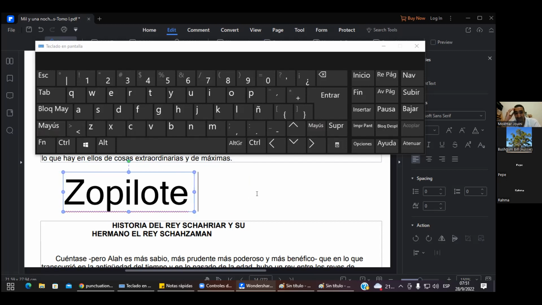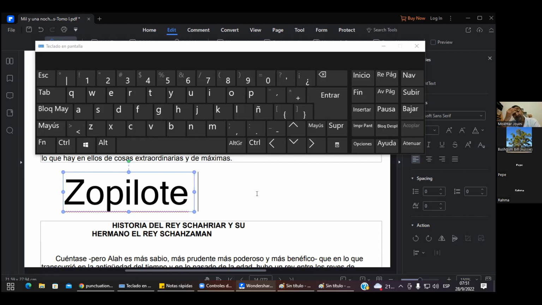I'm not sure. The bird, the buzzard. That's right, the buzzard. It is called sopilote, but it's only in the Americas.